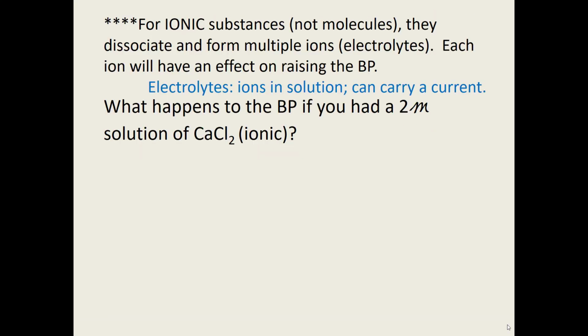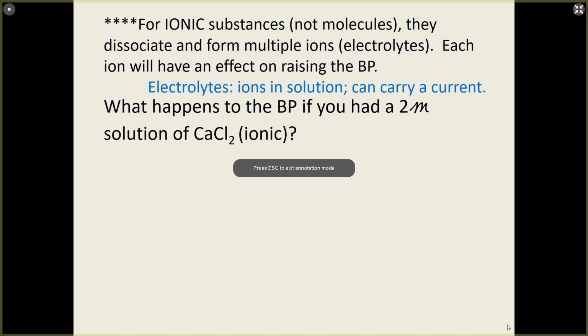Now remember, for ionic substances, because they dissociate and form multiple ions or electrolytes, they form more particles. And so this will increase the boiling point even more. So if you look at this problem, what happens to the boiling point if you had a 2 molal solution of calcium chloride?